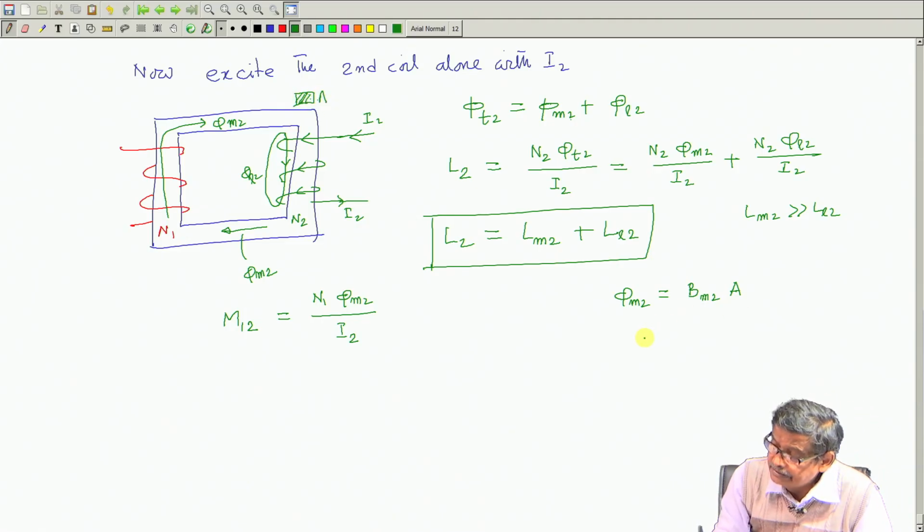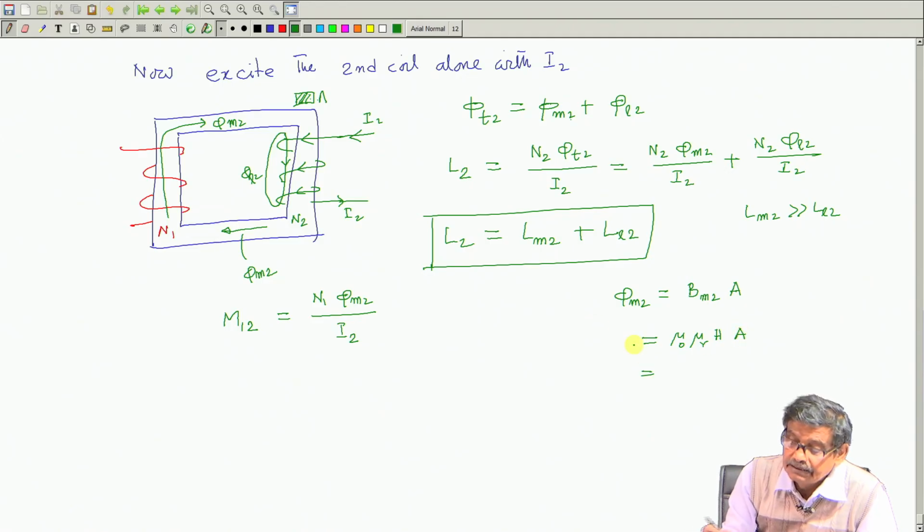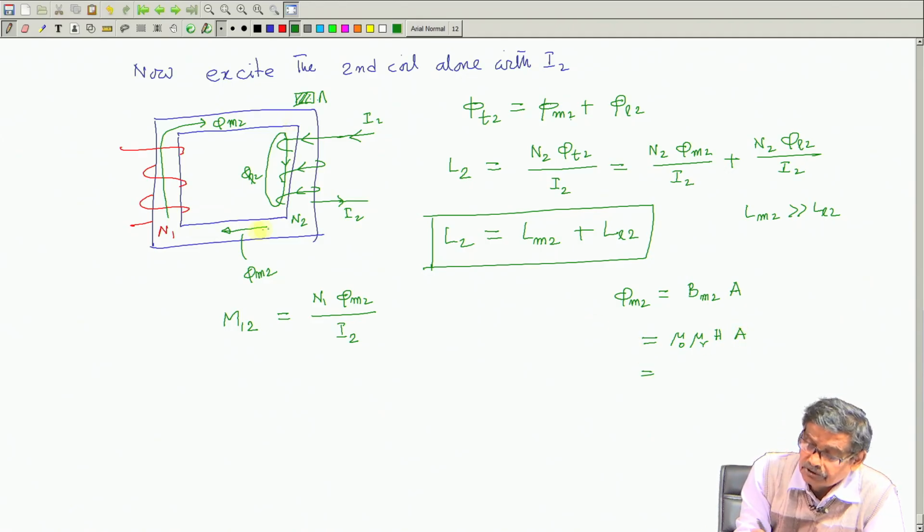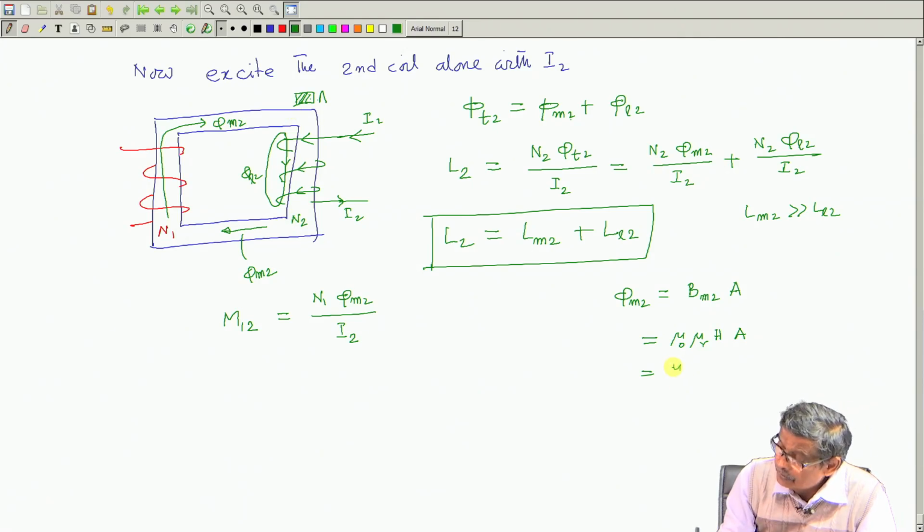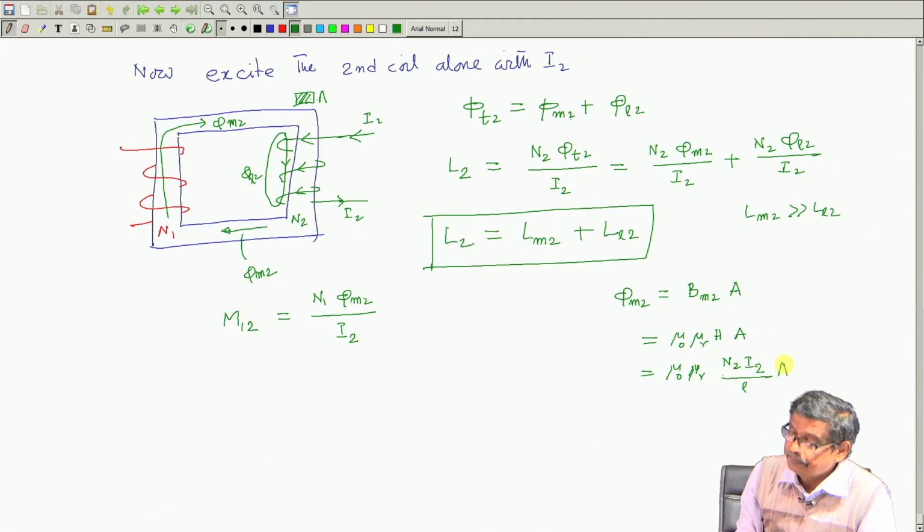B m 2 is mu 0 mu r into H, and H is N I by L. The length of the mutual flux path remains the same. So, mu 0 mu r, the MMF N 2 I 2, into A by L. So, phi m 2 is this.